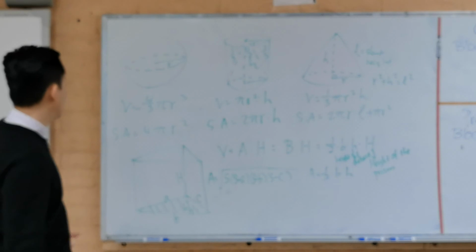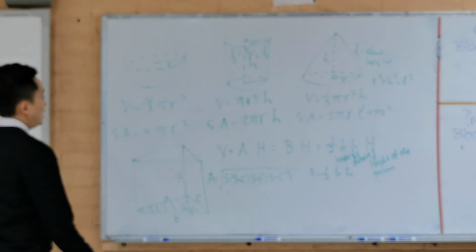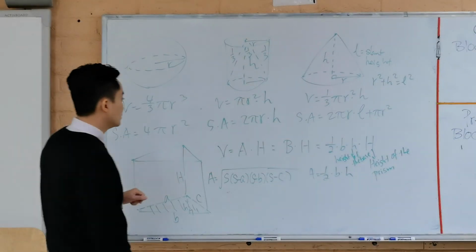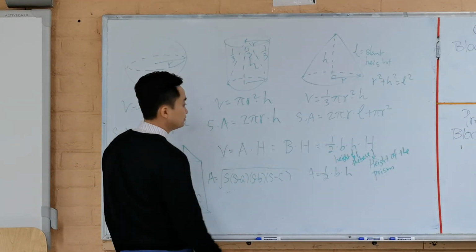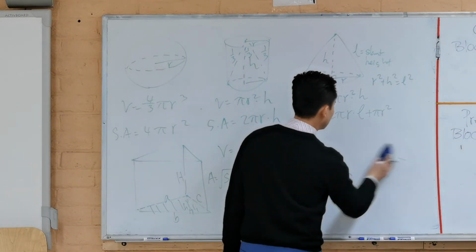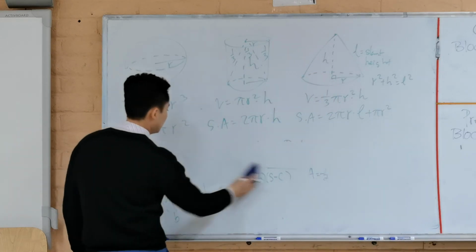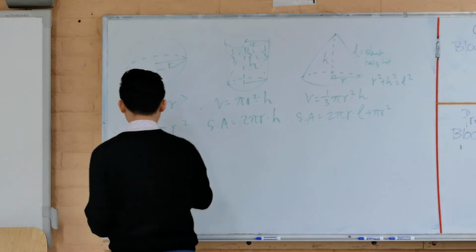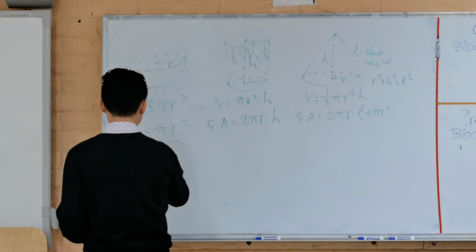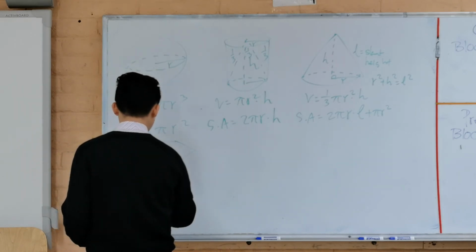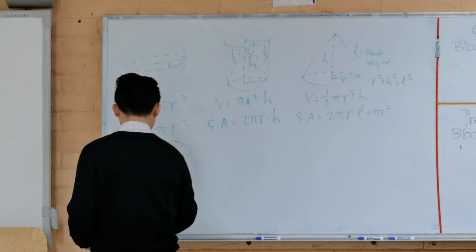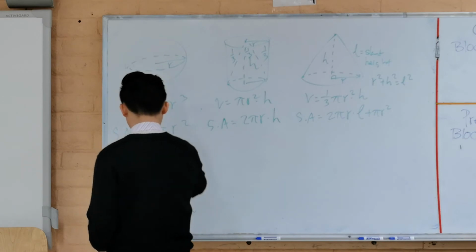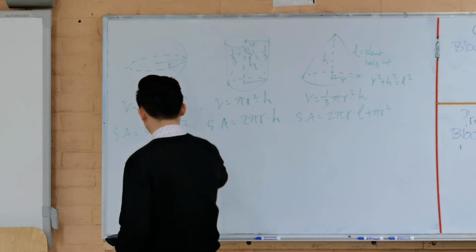So now let's see what else we need to know. Another one would be a hexagonal prism. So for the hexagonal base prism, let's say we have a hexagon, top and bottom, going this way.